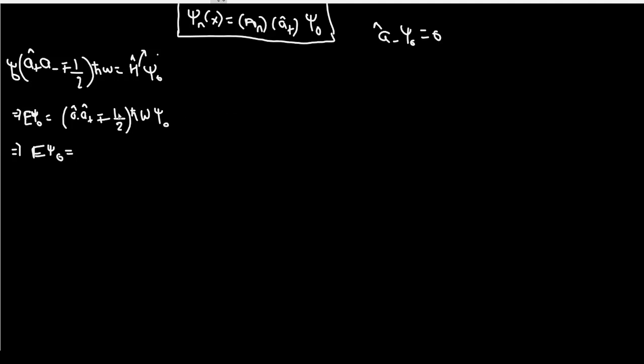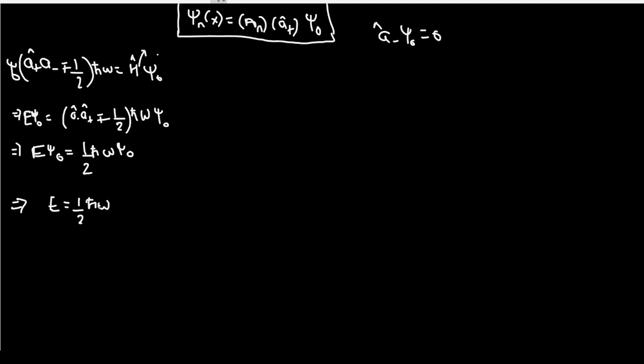It means if I apply it to psi naught, that term becomes 0, and what we are left with is one half h-bar omega psi naught. Correspondingly, the energy is one half h-bar omega.